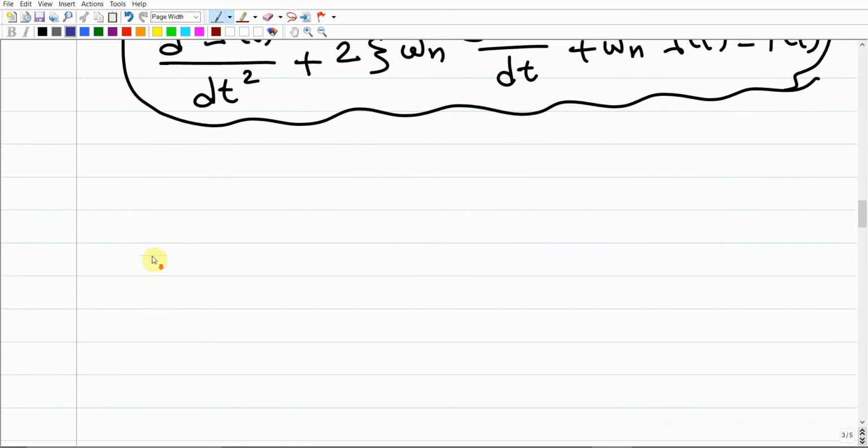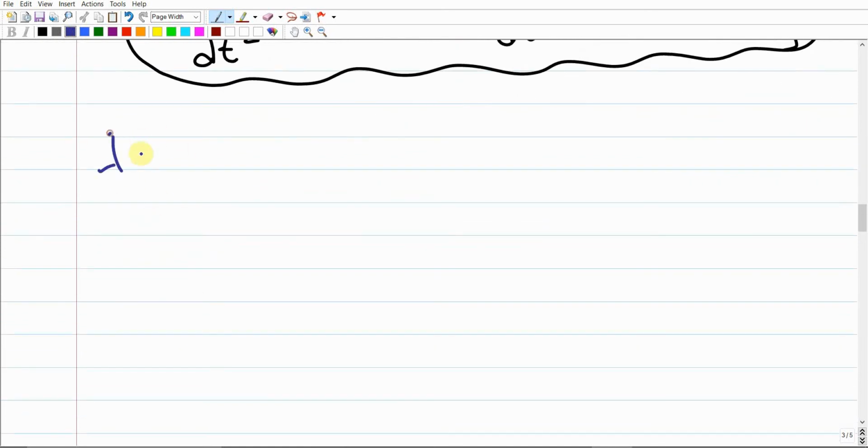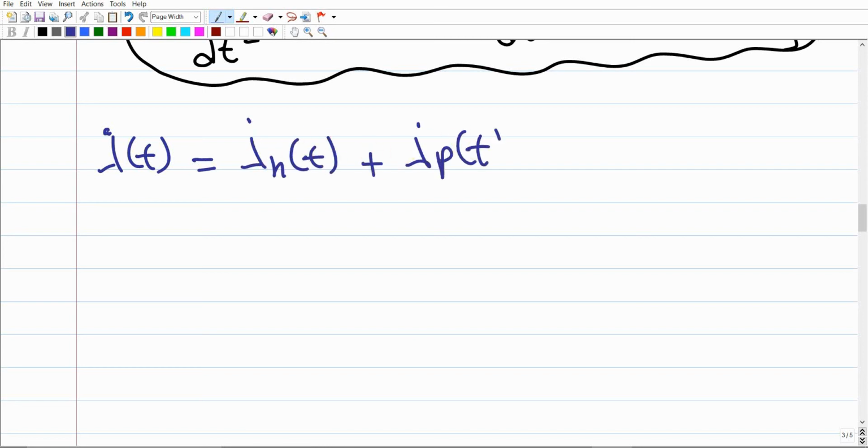So generally, the general solution of this equation for the current i of t will have a homogeneous part plus a particular part, right? Like the homogeneous solution and the particular solution of this equation, as we did for the first order ODE. Make sense?